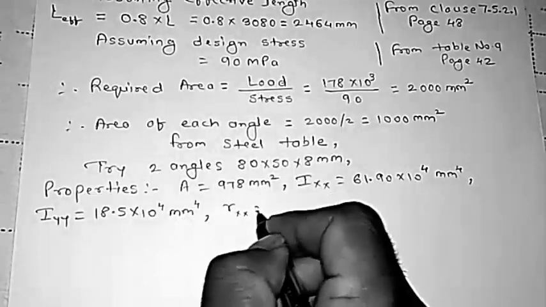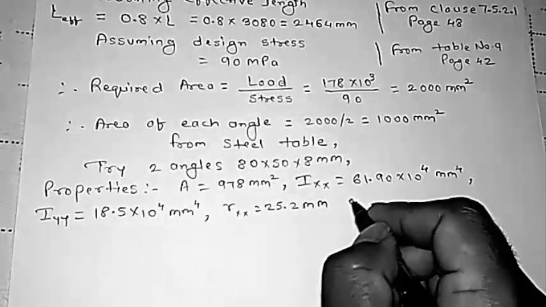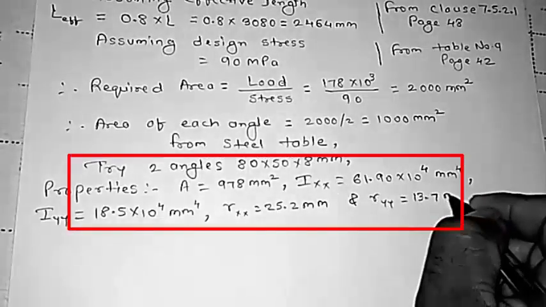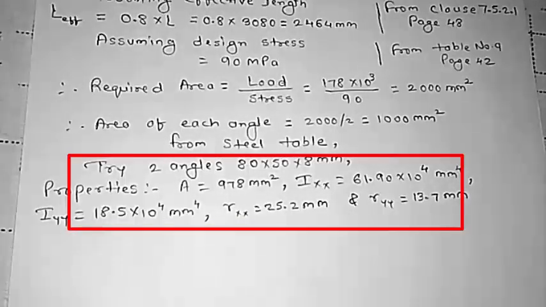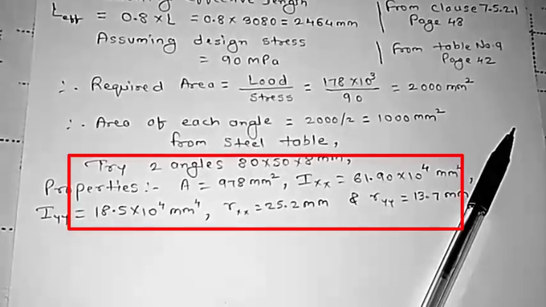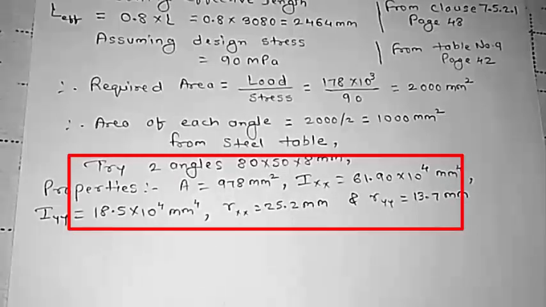Then you got rxx is equal to 25.2 mm, and ryy is 13.7 mm. So that is all about step number 1.